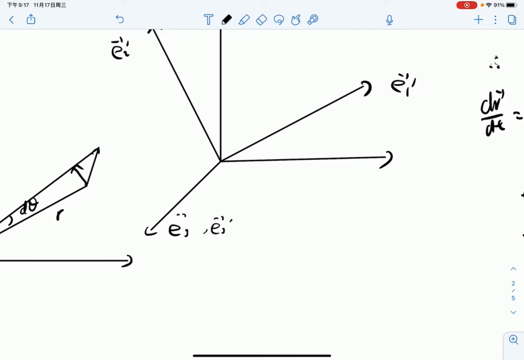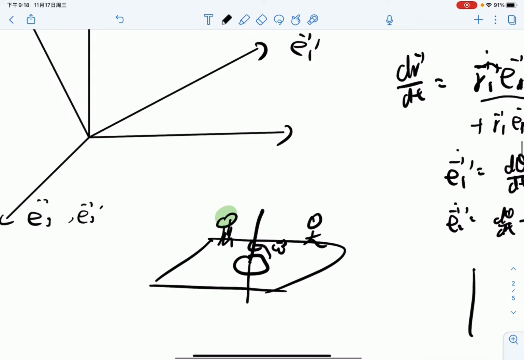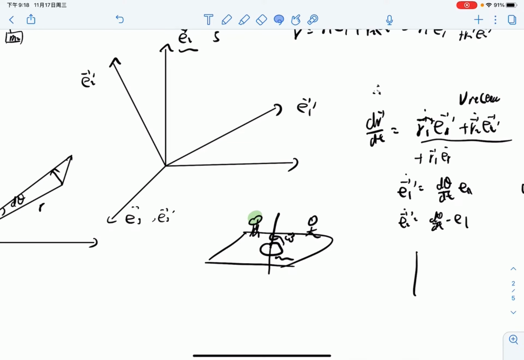Take for example, here's the ground, here are trees and here are people, and here is a plane that is rotating. You want to describe the motion in the frame of the rotating disk. So how do we do this?